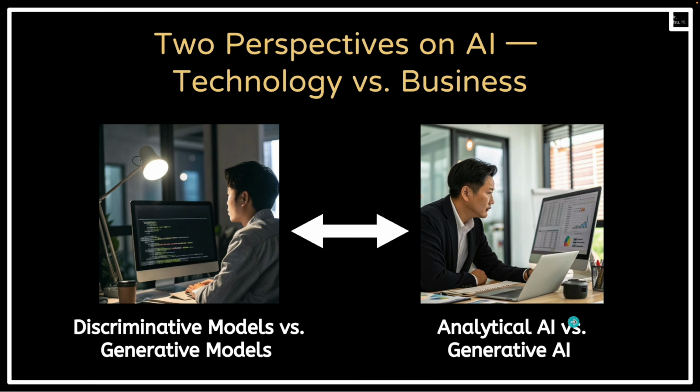Analytical AI versus generative AI. The arrow in the middle is important because it tells us these are related ways of viewing similar underlying distinctions. So this slide is essentially translating between two languages, the language of technical AI and the language of business application.